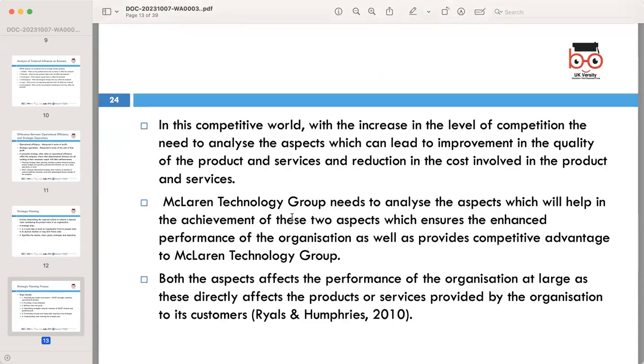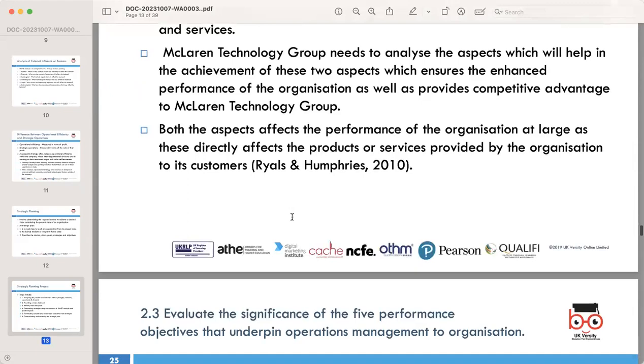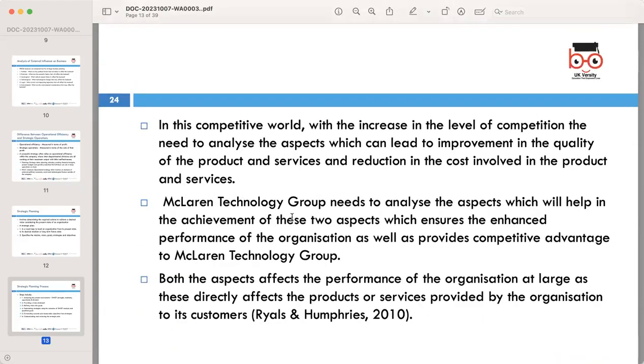So in this competitive world, with the increase in the level of competition, they need to analyze the aspects which can lead to improvement in the quality of the products and services and reduction in the cost involved in the products and services.